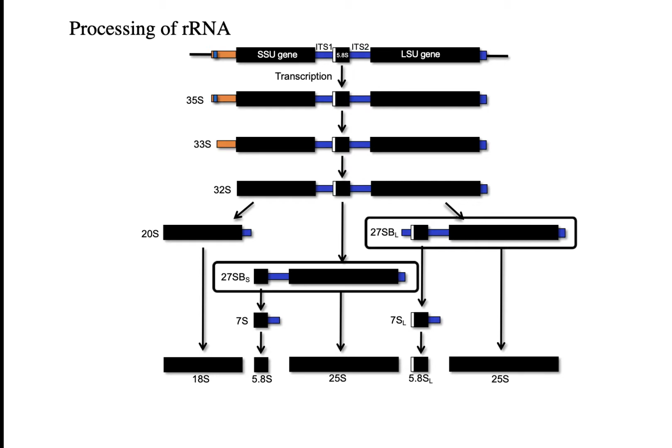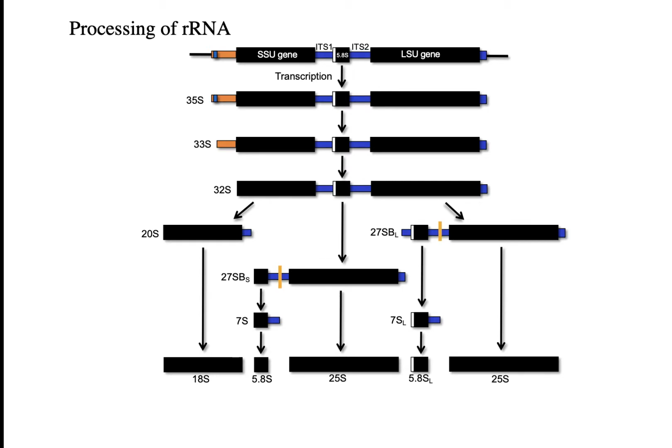These two are processed by clipping ITS2, the internal transcribed spacer 2, and then that's cut into the 25S or large subunit and the 5.8S, either the shorter form or the longer form. And those are incorporated into the large ribosomal subunit.